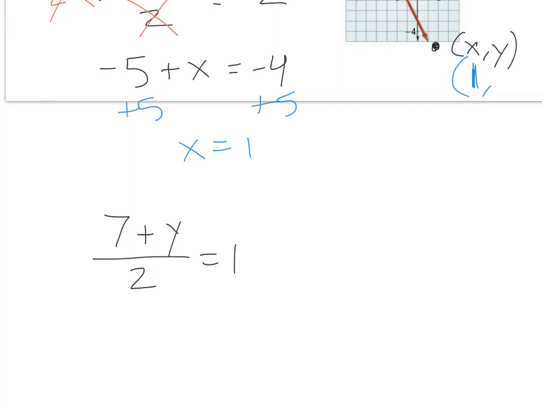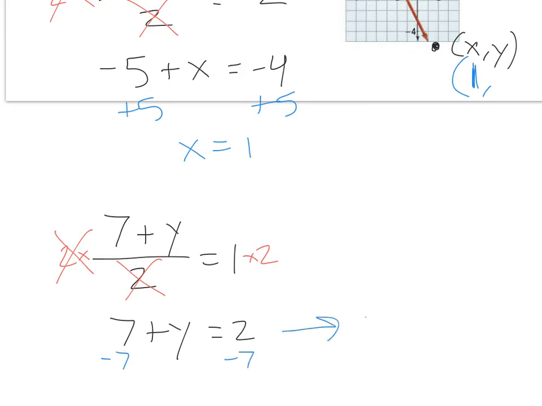I want to solve for y, so I'm going to multiply this side by 2 and multiply this side by 2. This cancels off, and I'm left with 7 plus y equals 2. I need to subtract 7, and in the end that gets me y equals -5.